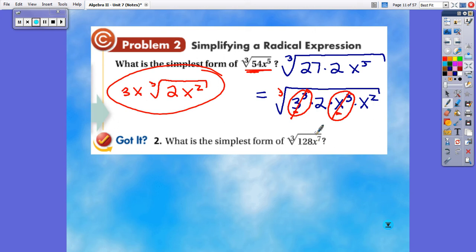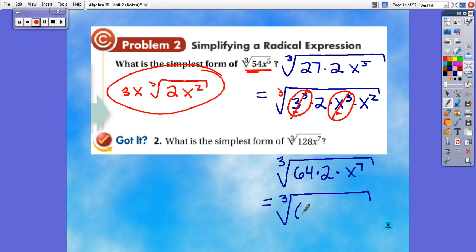So now let's try this one. Again, the index is 3, we're taking the third root, and 128 is not a perfect cube, but I could rewrite it as the cube root of 64 times 2 times x to the 7th, and that's really the same as taking the cube root of 4 to the 3rd times 2 times x to the 3rd times x to the 3rd times x.